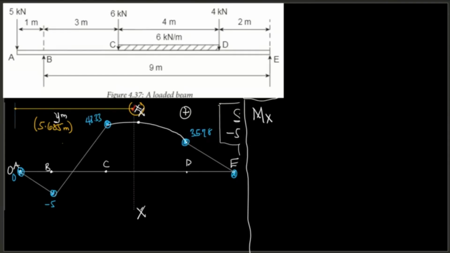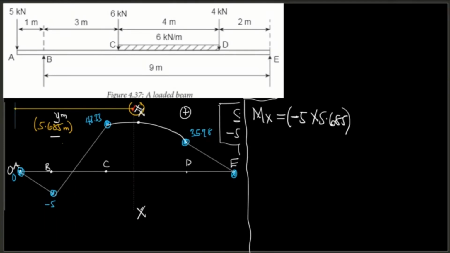So moment about X is going to equal, using sign convention, minus 5 multiplied by the distance of y there, which is 5.685.